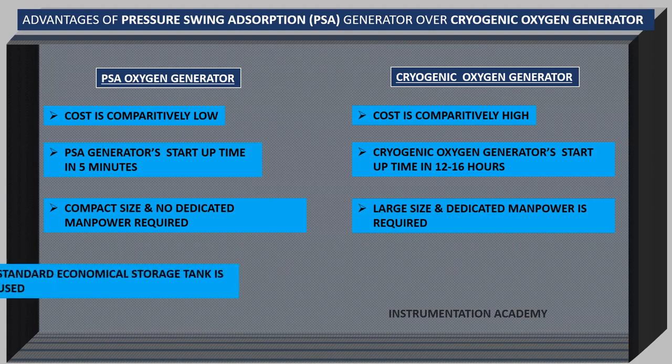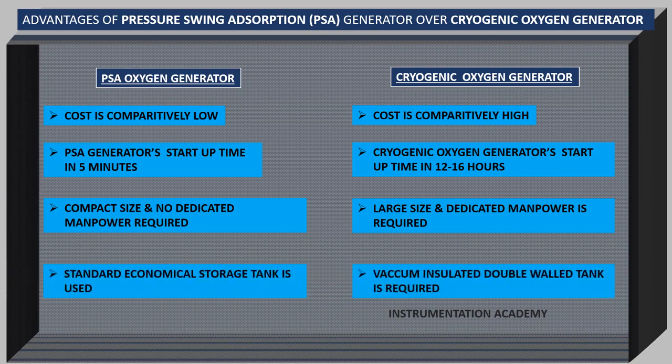PSA oxygen gas can be stored in a standard economical tank, whereas cryogenic oxygen is to be stored in a vacuum insulated double-walled tank. Cost of this storage tank is therefore high. Considering all these advantages, we can say that PSA oxygen generators are best suited for medical oxygen generation in hospitals.